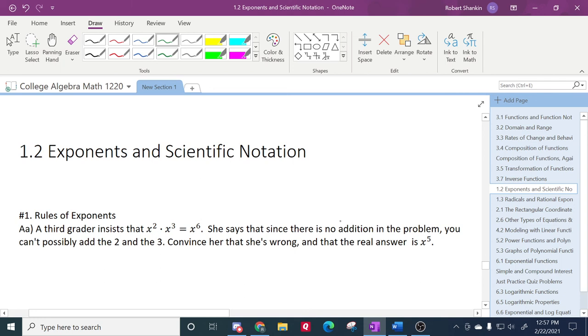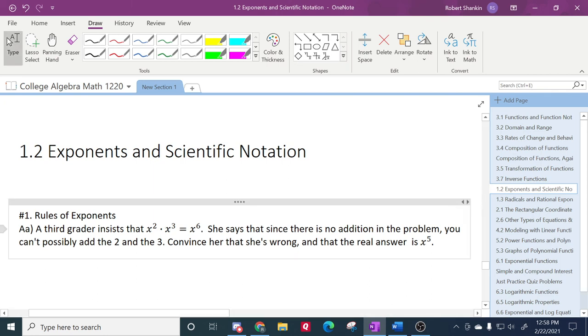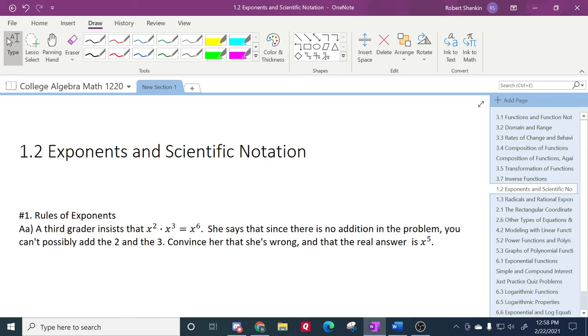There's multiplication. There's no addition. So you can't possibly be adding the 2 and the 3 together. So she is totally convinced that you're wrong, because we found that the rule was, you add the exponents and you get x to the 5. But she says it's going to be x to the 6th. So your job is to convince her that she's wrong and that the real answer is x to the 5th, but you've got to convince her.